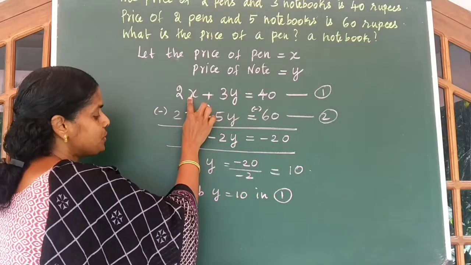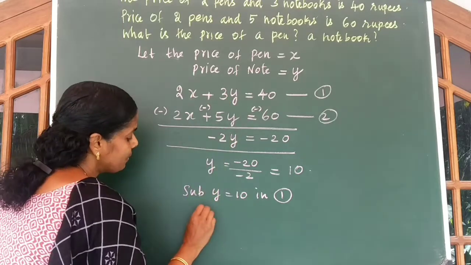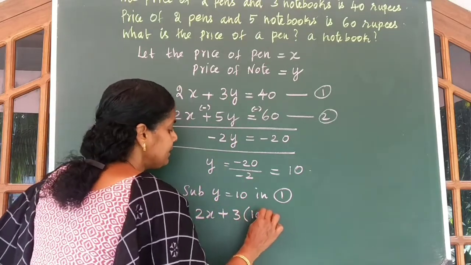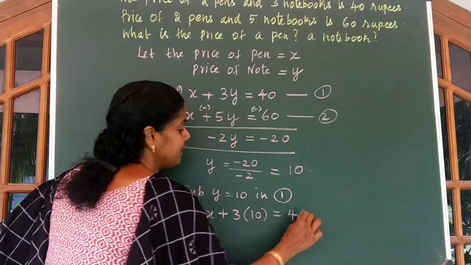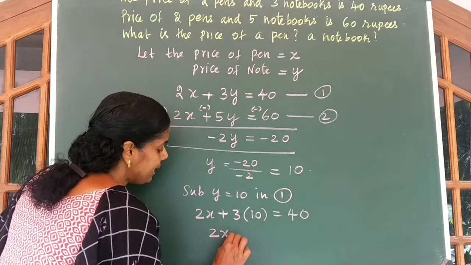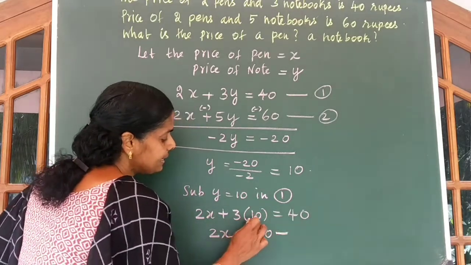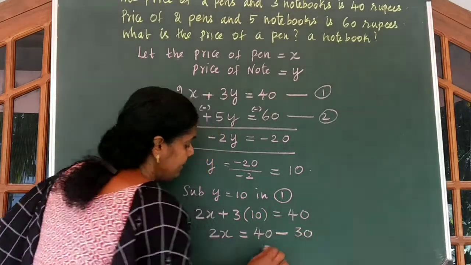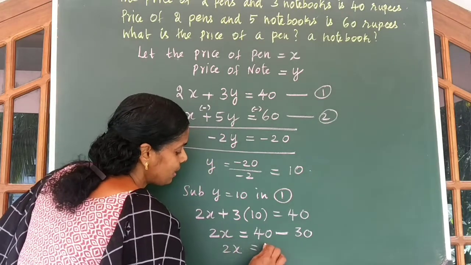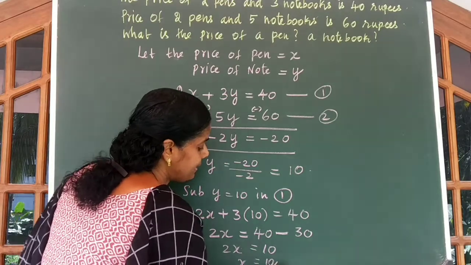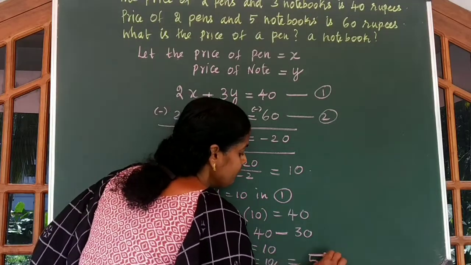So if you substitute y as 10, you get 2x plus 3 into 10 is equal to 40. That is 2x is equal to 40 minus 3 into 10, 30. 2x is equal to 10, or otherwise x is equal to 10 by 2, which is equal to 5.